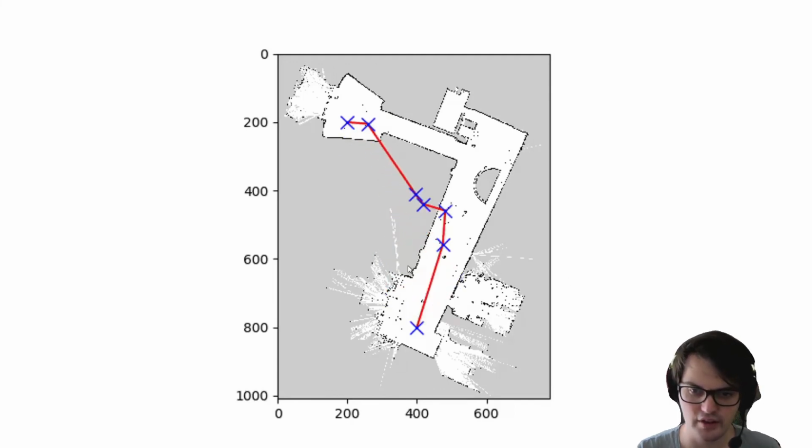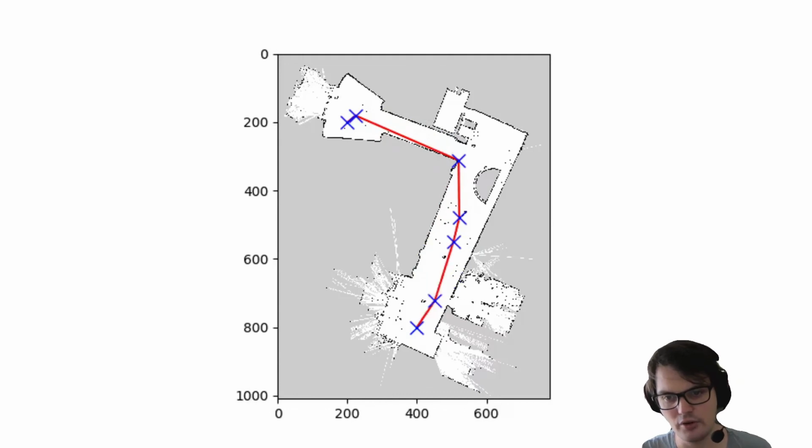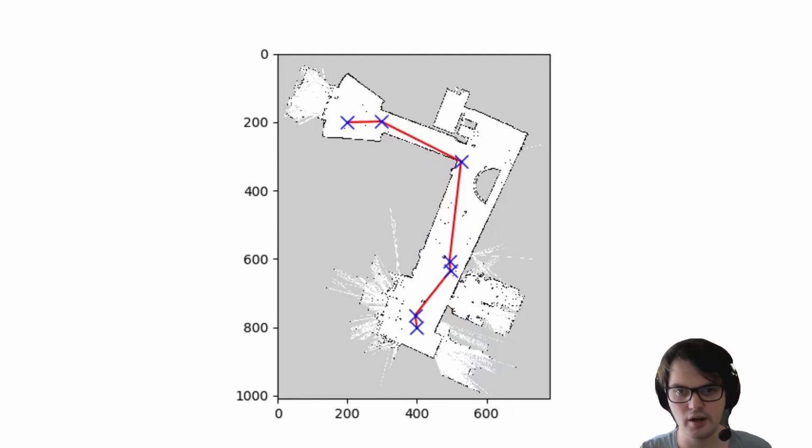So here we can see that finally we considered a point that could help us overcome a local minimum, and we already see the solution is a lot better here. We still drive through the wall here, but when we continue here, we will from time to time climb the corridor up, and now we already have a solution that has no collisions anymore. And now the algorithm starts to consider the overall path length more.